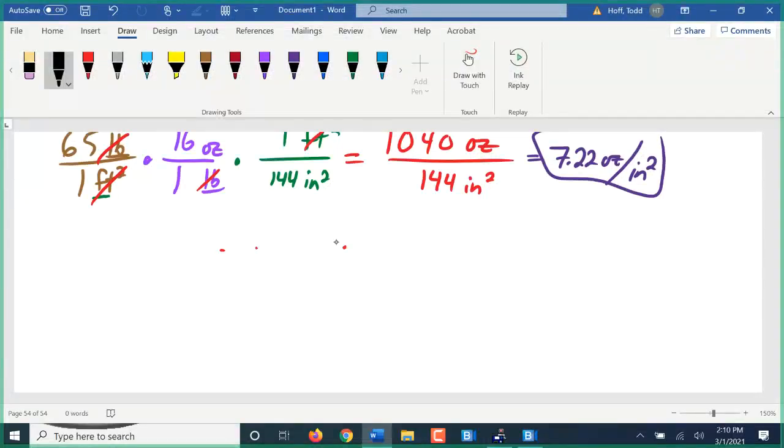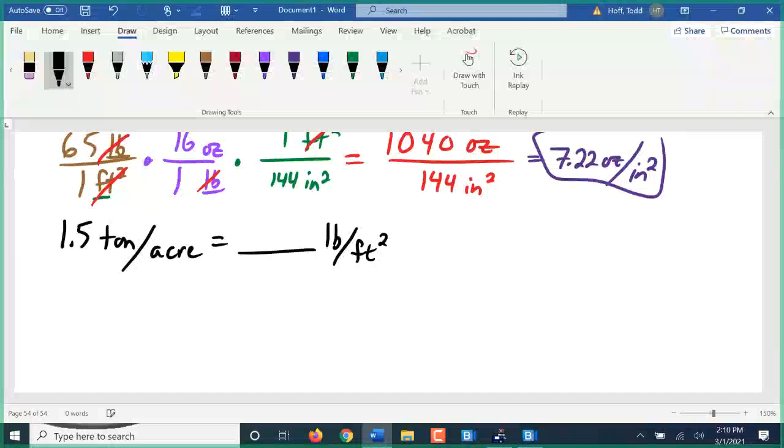Another conversion that we can run, similar to this, is we might be told that we're looking at 1.5 tons per acre. I might want to know, what is that in pounds per square foot?